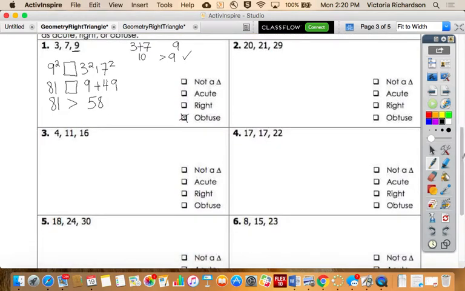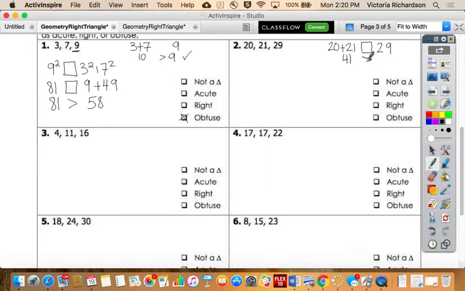So now I want you to try number 2. So the first thing that you need to determine is if it really is a triangle. So you're going to take the two smaller sides and add them together. So that's 20 and 21. And then you're going to compare that to the largest side, which is 29. And if you add 20 and 21 together, you get 41.